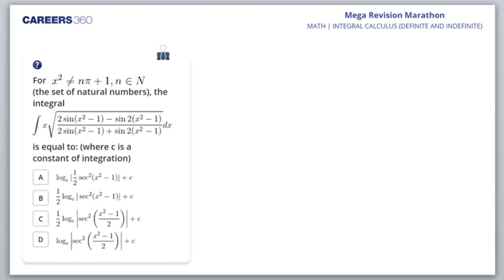For x square not equal to n pi plus 1, n belonging to capital N, capital N means natural number, and the integral is x whole under root 2 sine x square minus 1 minus sine 2 x square minus 1, and 2 sine x square minus 1 plus sine 2 x square minus 1 whole under root, and you have dx here. Okay. Now, how do we solve it?